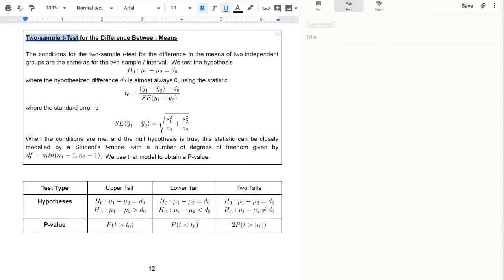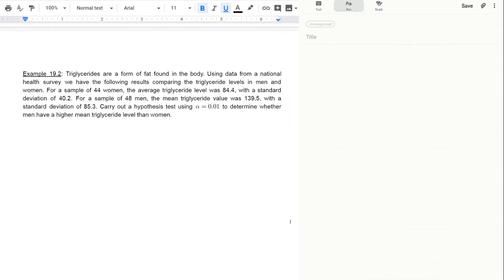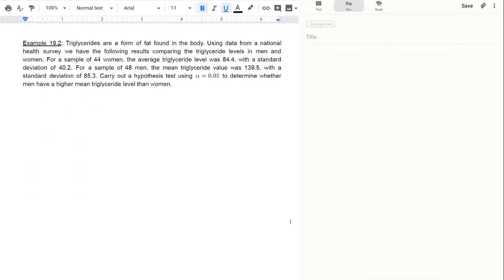If we're performing a lower tail test, so the alternative hypothesis is in the lower direction, then we want the lower tail or the left tail. And if the alternative hypothesis is two-tailed, okay, so it does not equal d naught, then we want the area of both tails. Okay, so let's have a look at an example of a two-sample t-test.